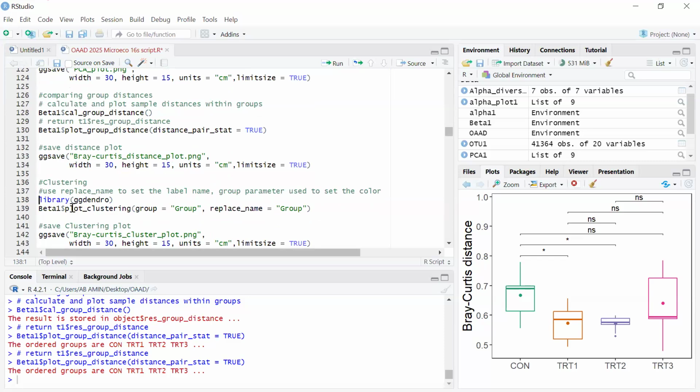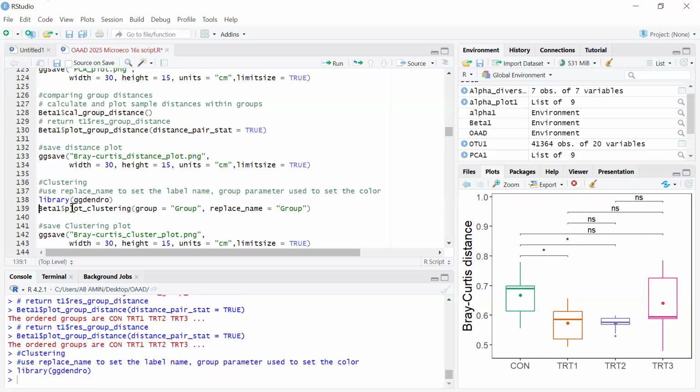That's a visualization of the beta diversity calculated via Bray-Curtis. So one may want to see another visualization method where it's showing how closely related they are to each other.